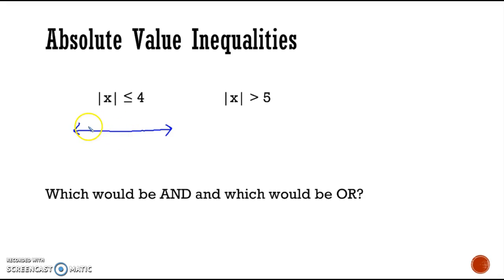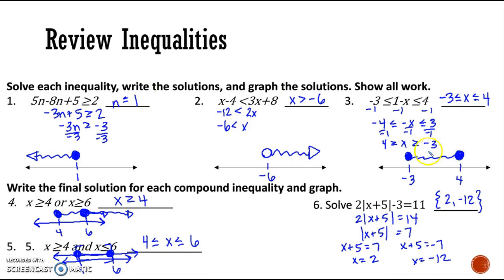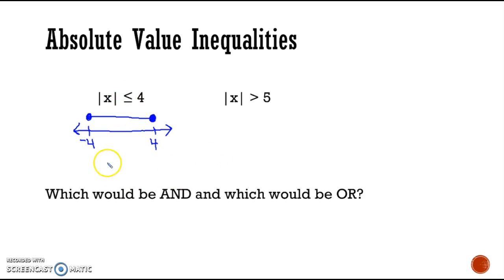That means I'm okay from negative 4 to positive 4, but it can't be outside of that section. So I would be going from here to here. So this one, when we graphed it on the first slide, is my "and," right? Because it's got to be greater than 4 and less than 6. So I'm being very picky, and I want it to be right in between those. So less than is going to be "and."